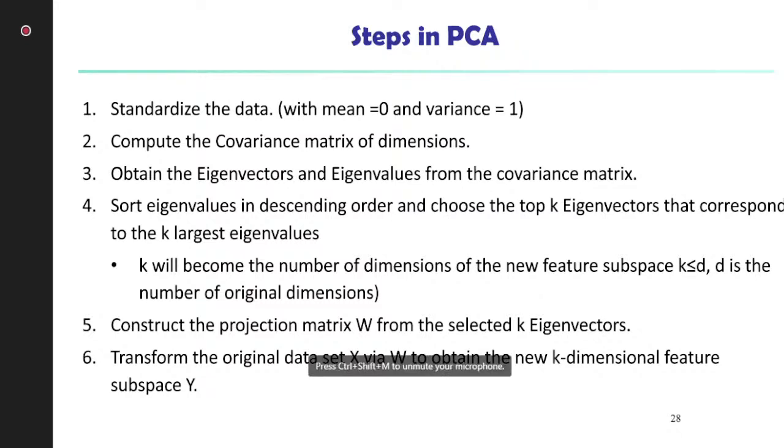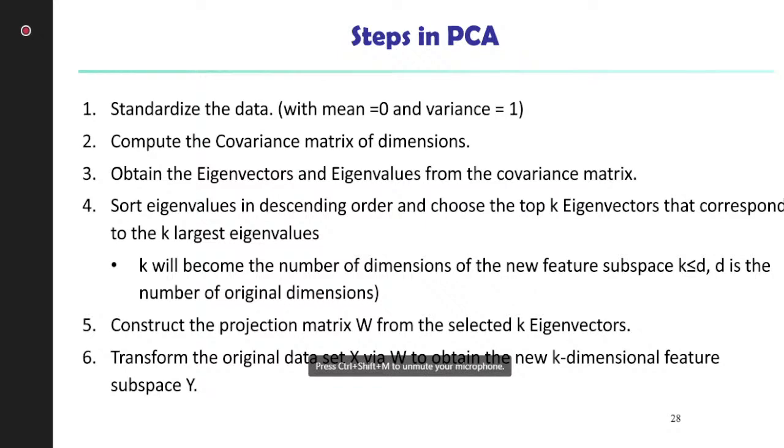Then we compute something known as the covariance matrix. How we will do it, we'll see. The covariance matrix is a square matrix, and from the algebra point of view, for a matrix we can easily derive the eigenvalues and eigenvectors.